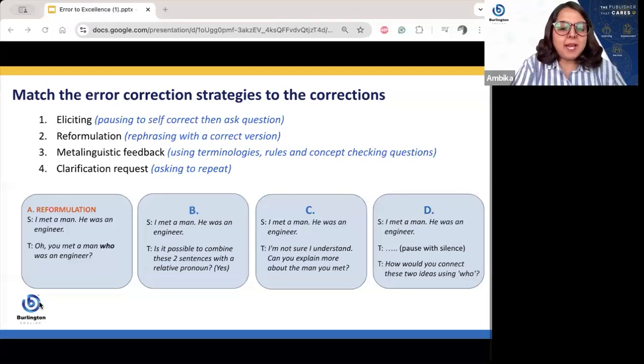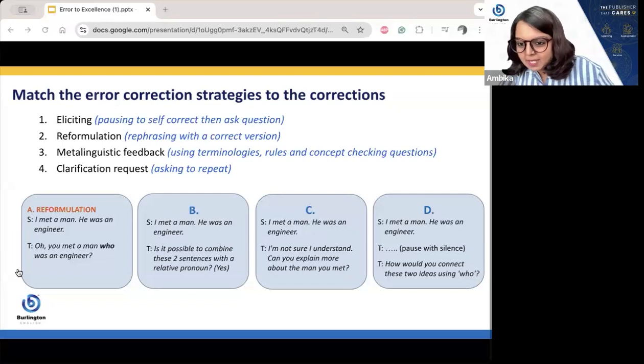Oh, you met a man who was an engineer? So you stress on the corrected version, but you make sure that the volume is higher, the pitch is higher, so that the students get to understand what the error is. And you're also giving them the answer. So instead of just writing it or underlining it, you do a little bit of a more vocal stress on the error.